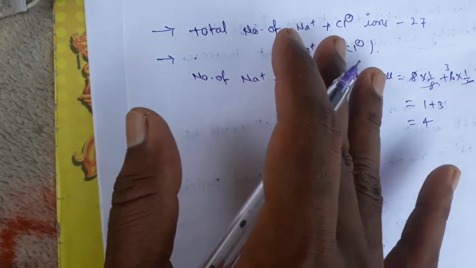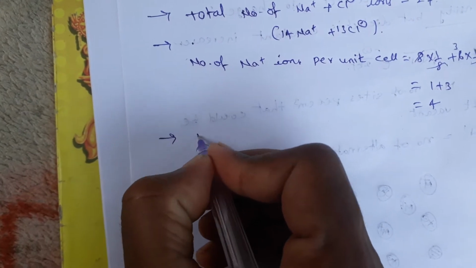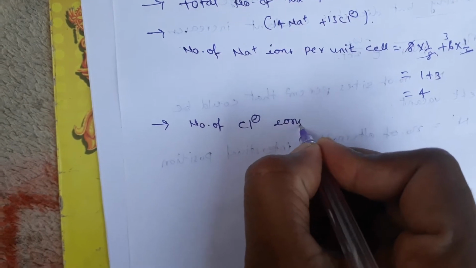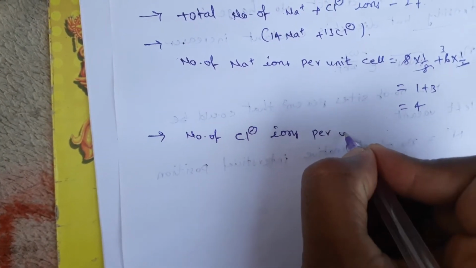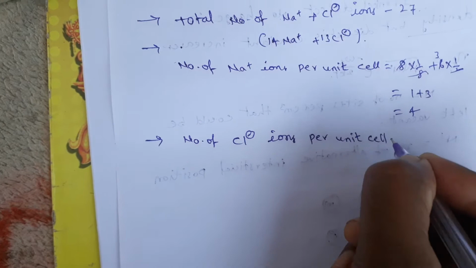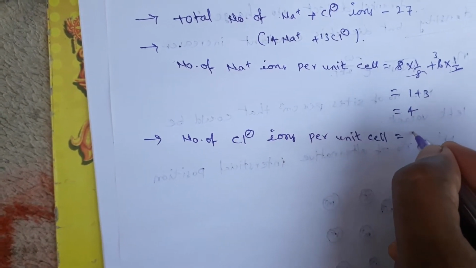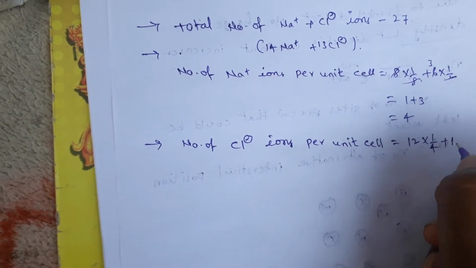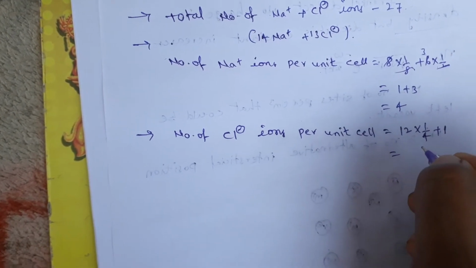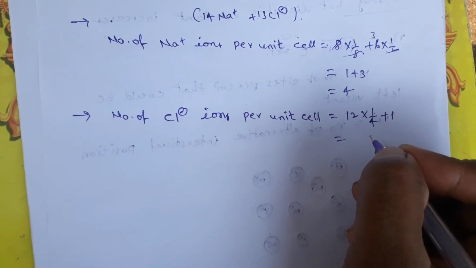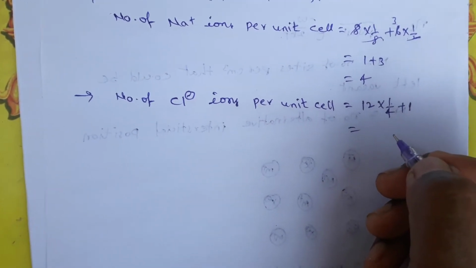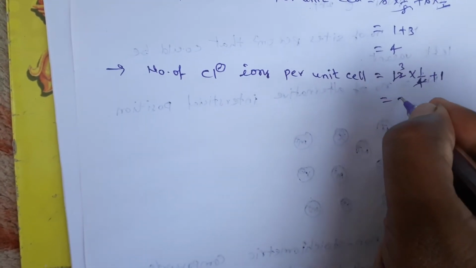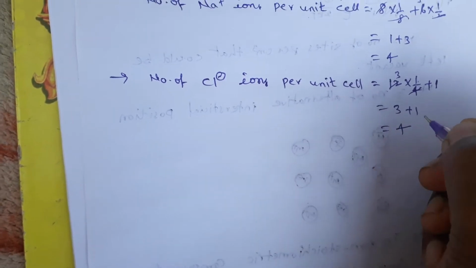So number of Cl minus ions per unit cell is equal to, how many edges are there, 12 edges into 1 by 4 plus 1, that is 12 by 4, which is 3, plus 1, that is equal to 4.